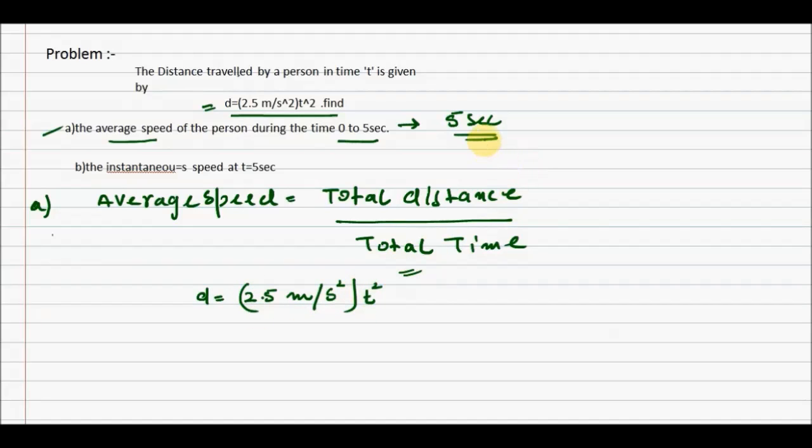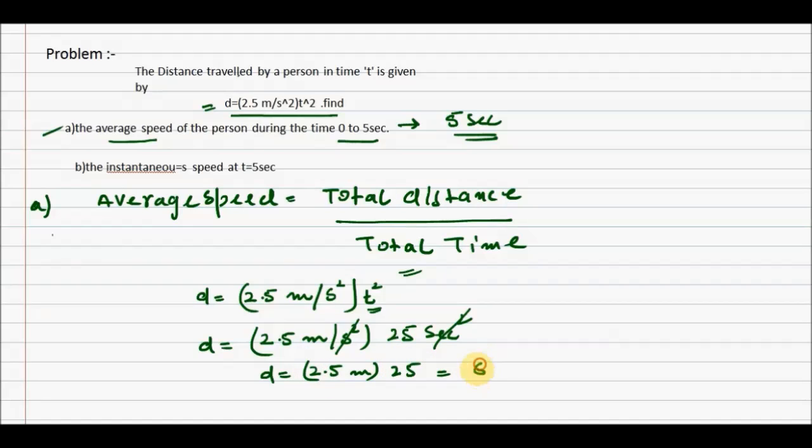Substituting the value of 5 seconds here, I would simply get the distance he has traveled during 5 seconds. So d comes out to be 2.5 meters per second square into 5 square, which is 25 second square. Now this second square and this second square cancel out, and the distance traveled during 5 seconds comes out to be simply 2.5 meters into 25. Now this comes out to be simply 62.5 meters, right? So this is the distance traveled by the object.